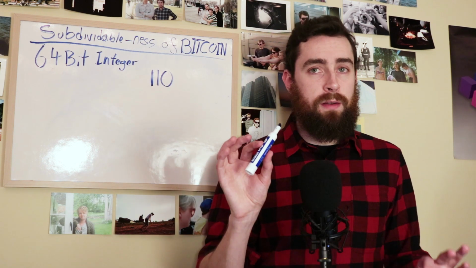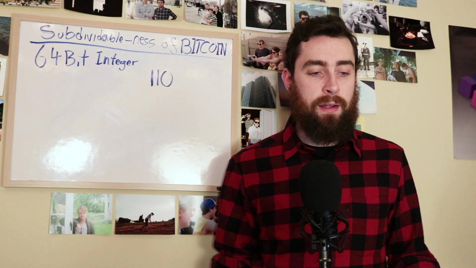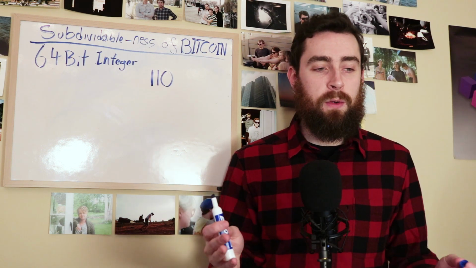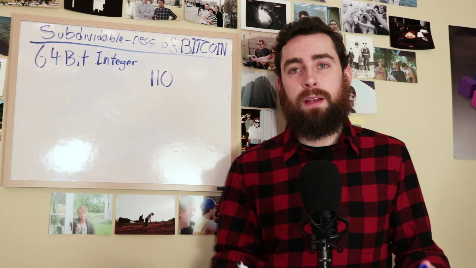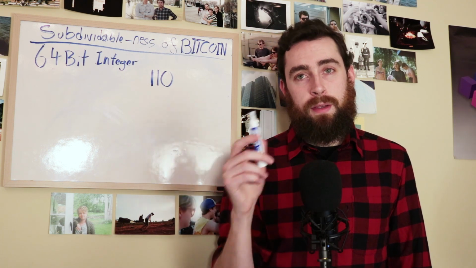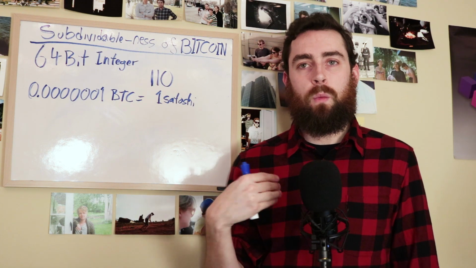Going back to what I said, say you have 1.5 Bitcoin in your wallet, and you're saying, hey, Kiefer, you're saying that there's no decimals in Bitcoin. And I'm saying, no, there isn't, but yes, there is, but really there kind of isn't. So let me explain. The smallest possible unit of Bitcoin is 1 Satoshi.